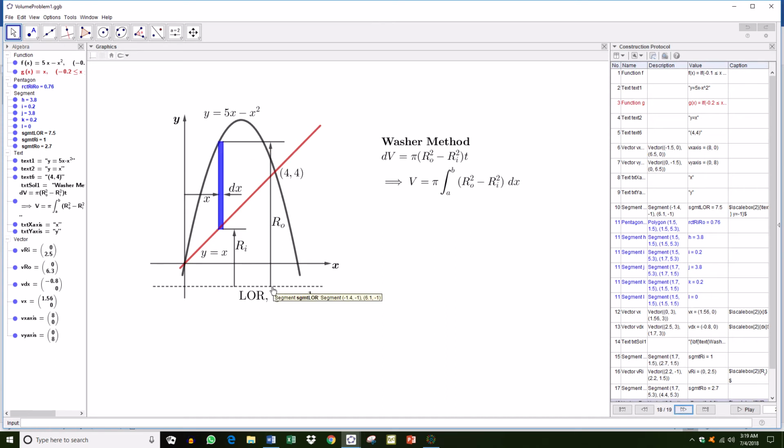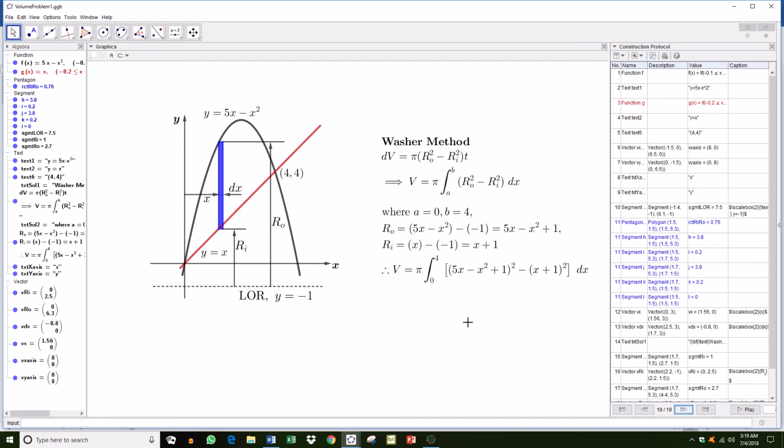Okay. Now the question is, can we figure out exactly what R sub O and R sub I are? Well, for starters, A is definitely 0. At this point, the x value is 0, and B is 4. The x coordinate at this point, the right-hand point, is 4. R sub O is a vertical dimension.